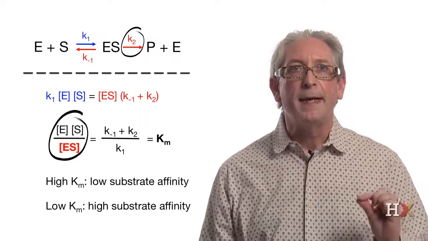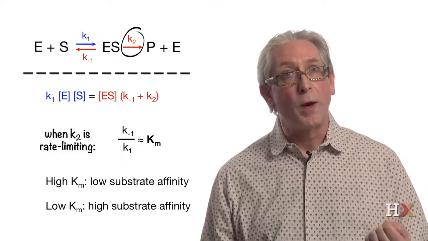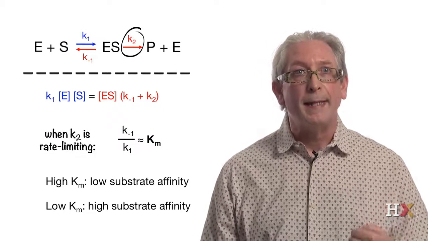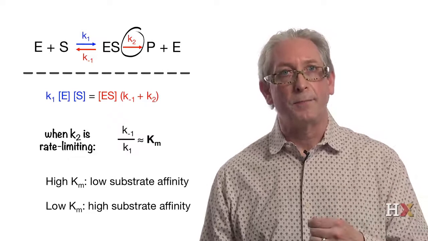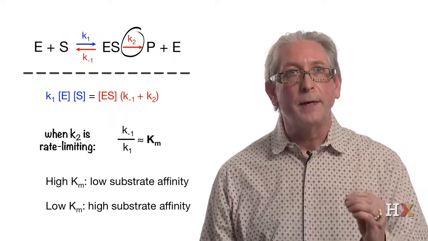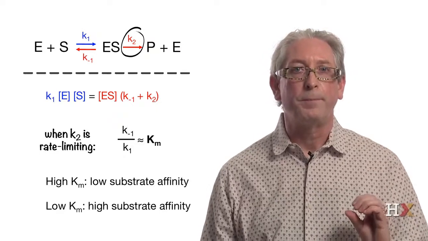In this case, Km is proportional to the K-1 over K1 ratio, and that indicates the affinity of the enzyme for the substrate. So this correlation is only true in very specific conditions.